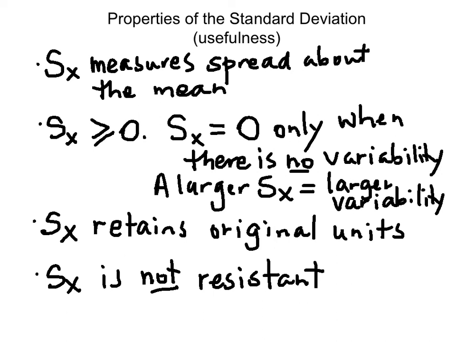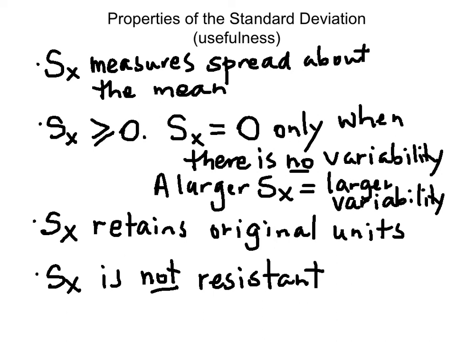The second thing is that the standard deviation is always greater than or equal to 0. And if it equals 0, that's only when there is no variability, meaning that this would only happen when all the observations have the same value. The larger standard deviation you have, the larger your variability will be, which means as the observations become more spread about their mean, the standard deviation is larger.